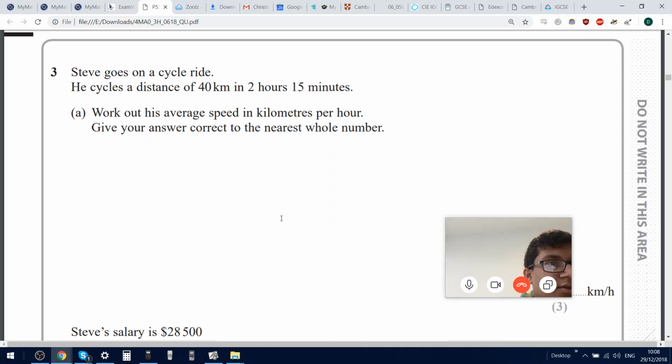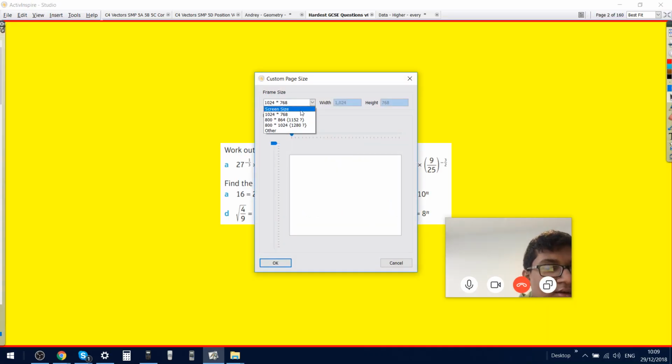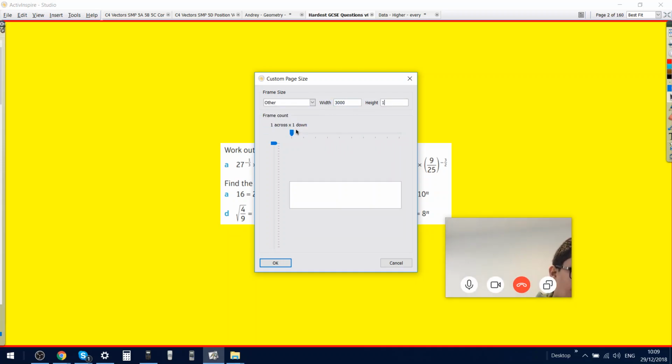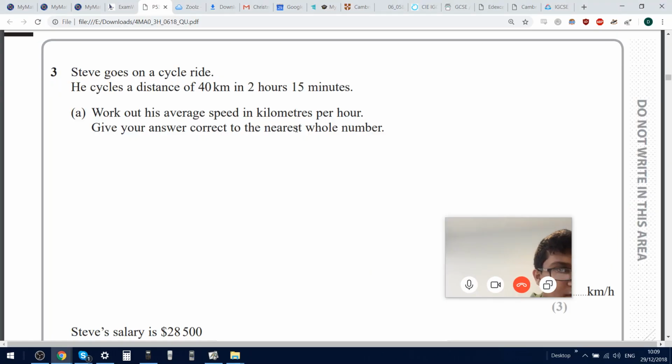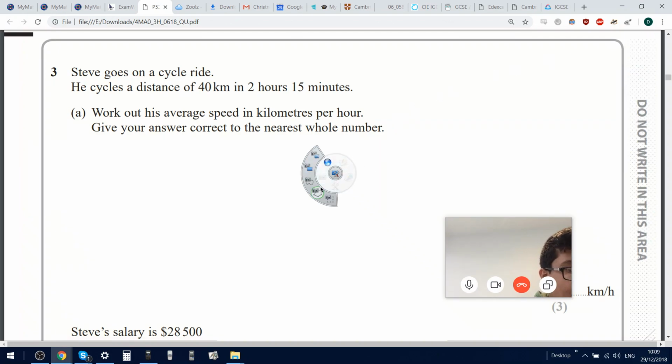So, 40 kilometers in 2 hours 15 minutes. So 2.25 hours basically. What's the unit they wanted it in? Nearest whole number, and kilometers per hour. Right. So we can say that's 2.25 of an hour.